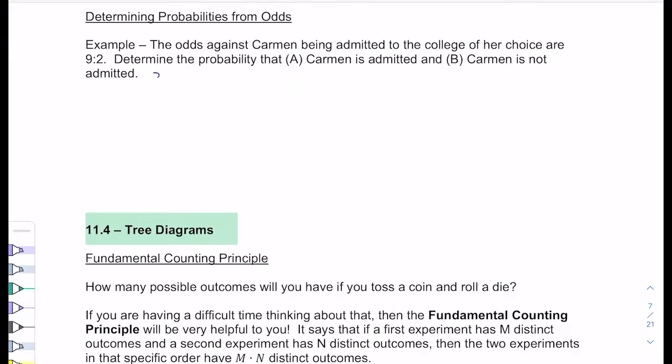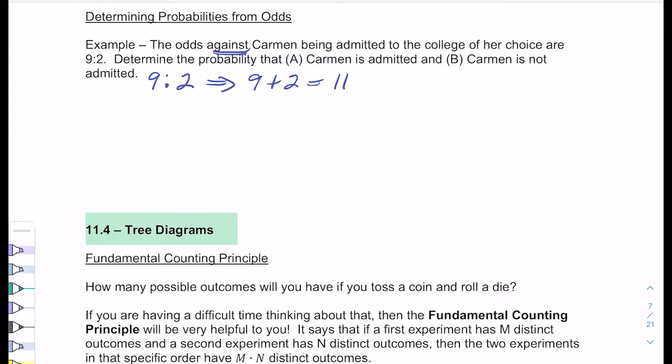One of the things I'm going to focus on here is this 9 to 2. Think about what that refers to. It's the odds against, so odds against, remember, means failure to success. Failure is my 9 and success is my 2. And if I add them together, I get 11.